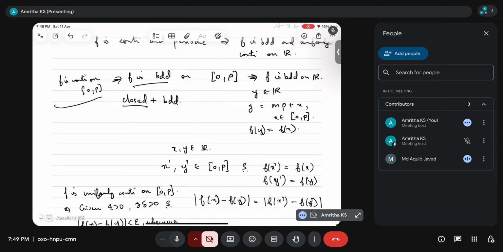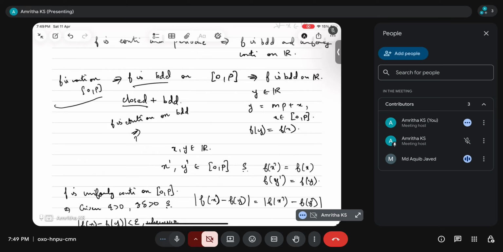So you mean if f is continuous on an open bounded interval? The thing is, f continuous on closed plus bounded will give f is bounded. So I'm asking whether f is continuous on open bounded interval.